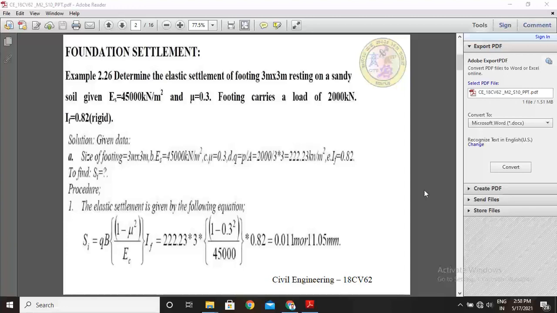Okay. Into IF is 0.82. So by operating this equation, we are getting the answer is 0.01 meter or 11.05 mm. So this is the solution of this type of problem for immediate settlement.